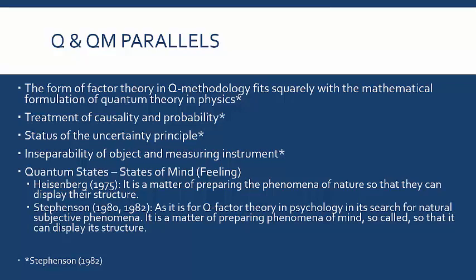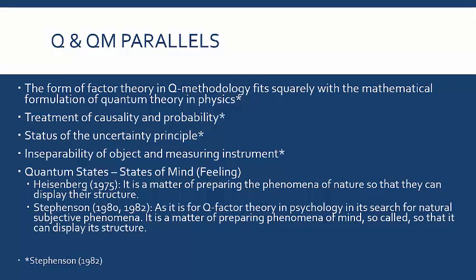And then we have quantum states in quantum mechanics, and Stevenson called them states of mind or states of feeling. These quantum states are the factors that emerge, right? He also quoted Heisenberg: it's a matter of preparing the phenomena of nature so that they can display their structure.